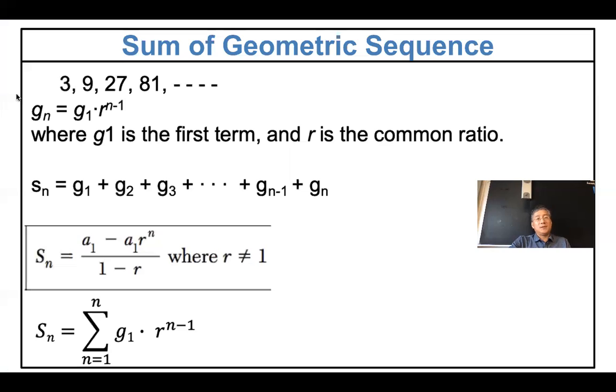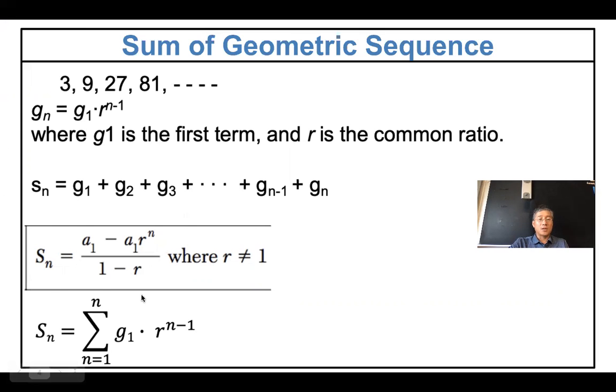So 3, 9, 27, 81, we already know how to find the explicit formula for this geometric sequence, right? Last time, we learned that Sn means the sum of the sequence. You are going to add the 1st to the nth terms.